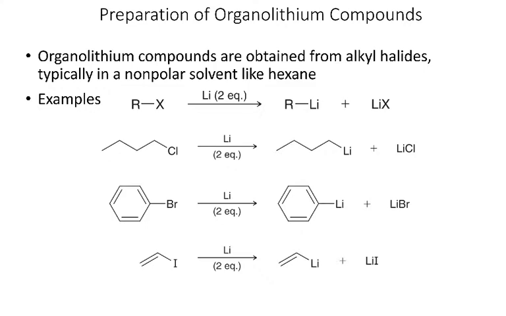We react an alkyl halide with lithium metal. And this 2 EQ here refers to the fact that we need 2 equivalents. So for every mole of alkyl halide, we need 2 moles of lithium, because we're going to attach a lithium to our alkane, and then it's also going to combine to form a salt with the halogen atom. And so these are just some different examples of organolithium compounds that can be prepared from different alkyl halides.